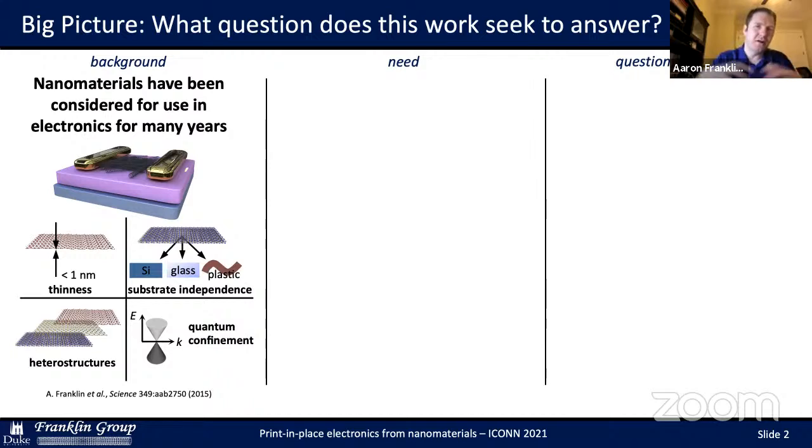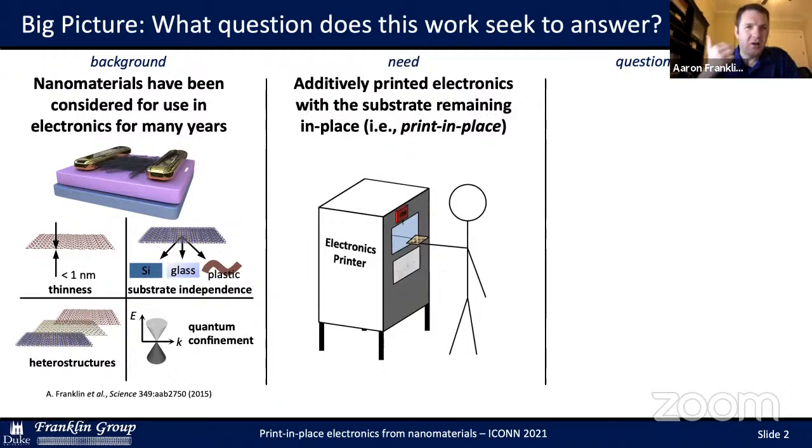That means drawing from the unique properties and capabilities of nanomaterials and harnessing those for the application needs of printed electronics. I'll discuss a very specific aspect of printed electronics, which is this idea of printing in place.